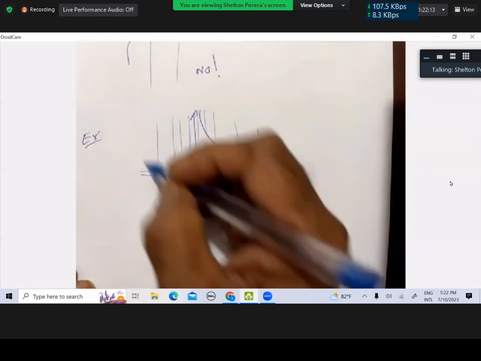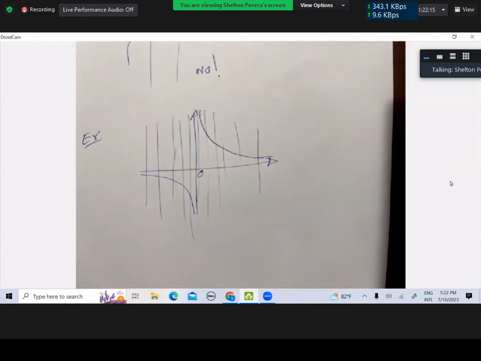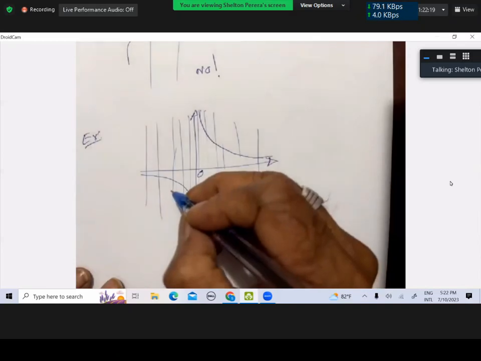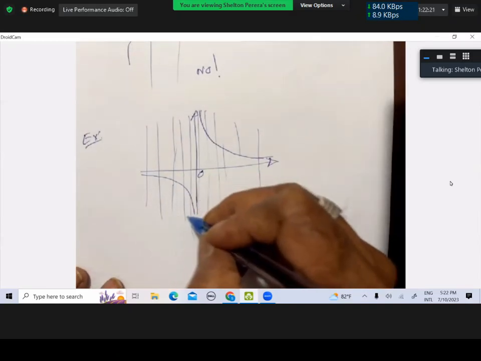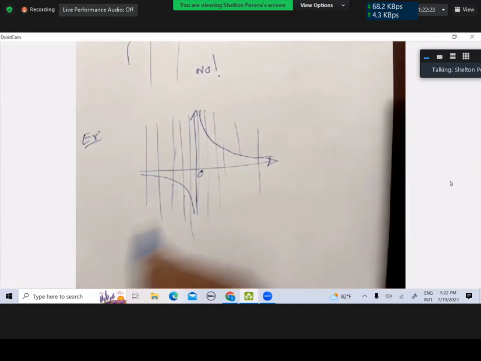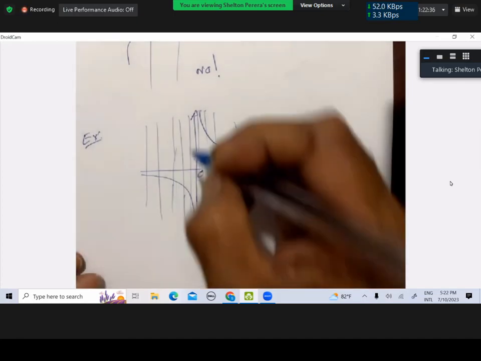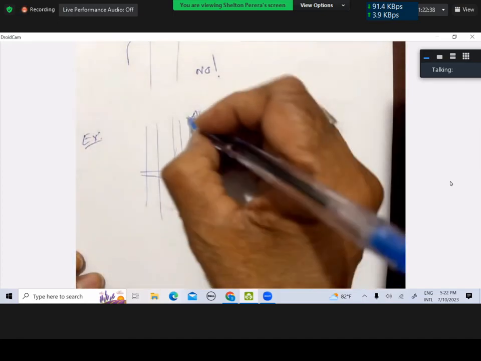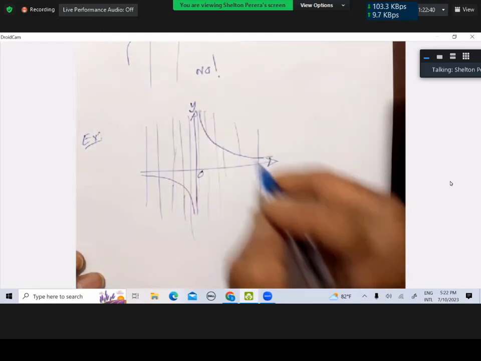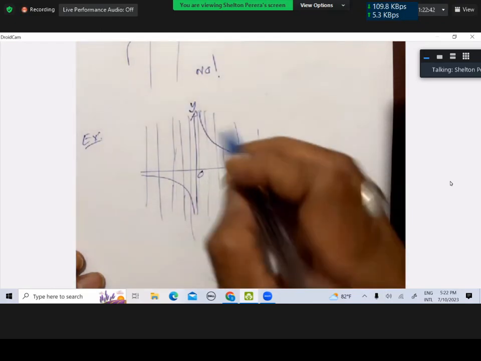Not more than once is the same as at most once, so 1 or 0. The graph of this function doesn't cut the y-axis.